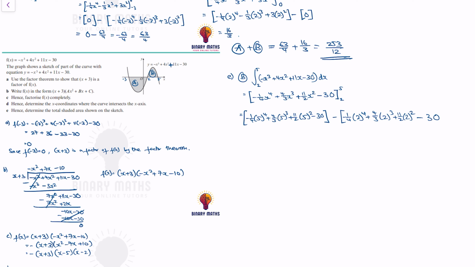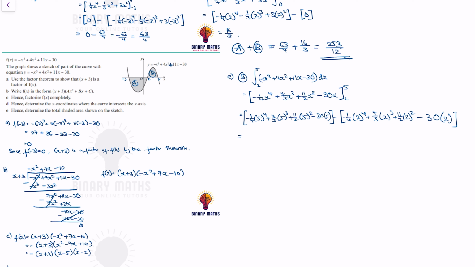Did I put 30x there? Oh, 30x. So let's go back. The minus 30 integrates to minus 30x. So minus 30 times 5 here, and we're substituting 5 first and then 2, so minus 30 times 2 here.